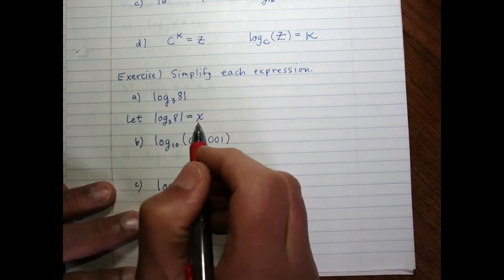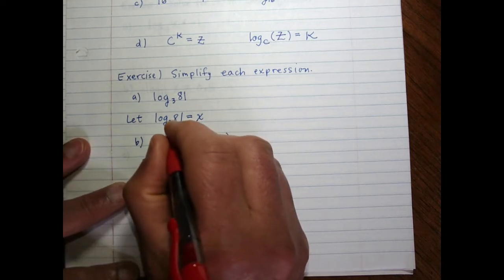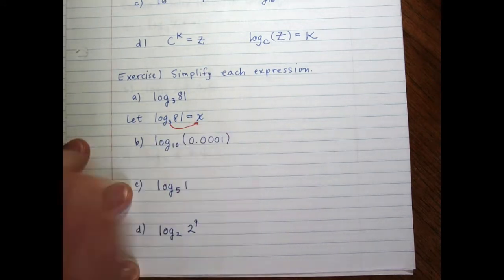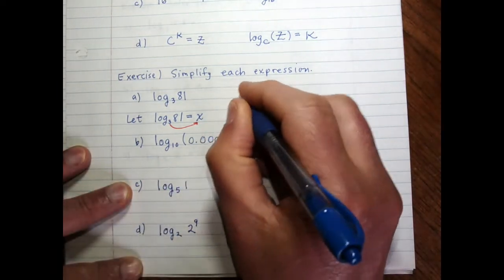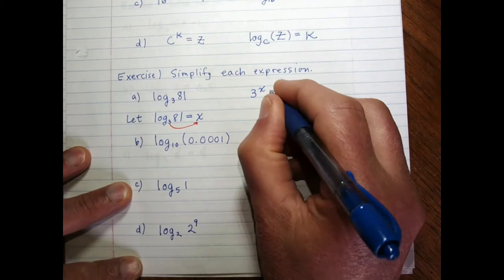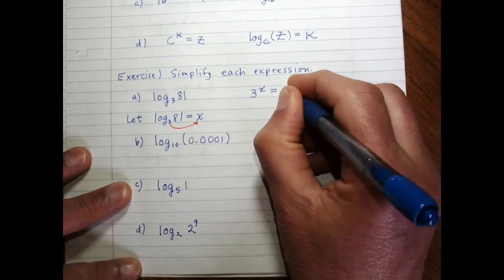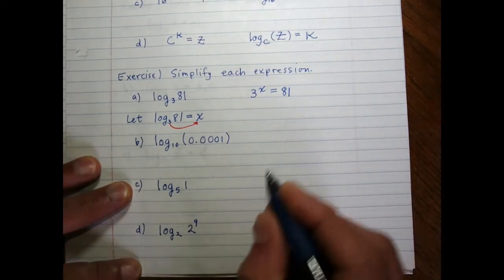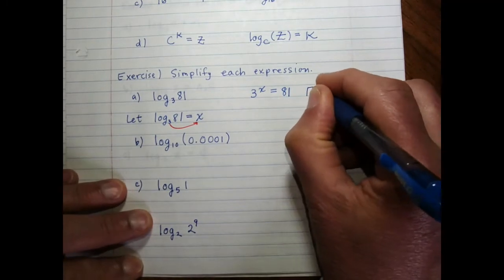Now I'm going to translate to exponential form. Base 3 to the x power. What we have is 3 to the x power equals 81. We need to find x.